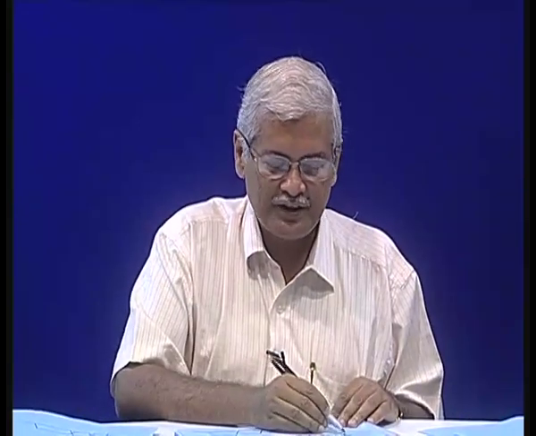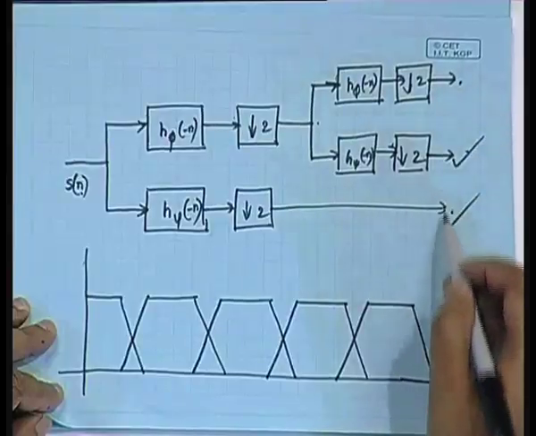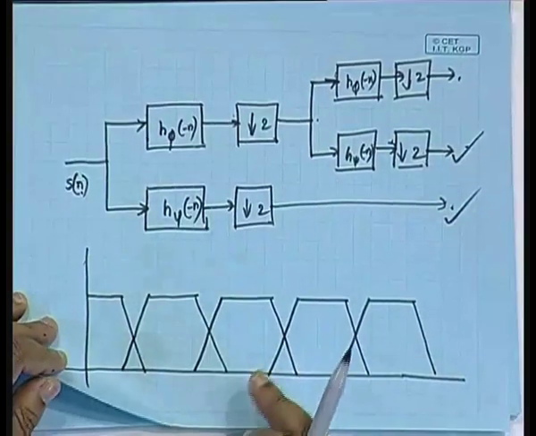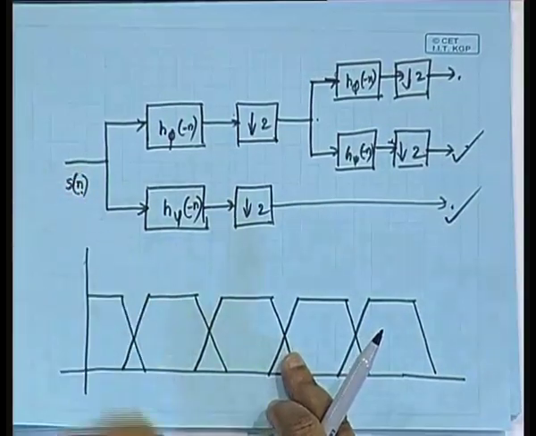Which means we can obtain the original signal back if we apply a corresponding bank of synthesis filters. If you analyze the signal S of n into 3 bands like this, how do you get back the S of n?